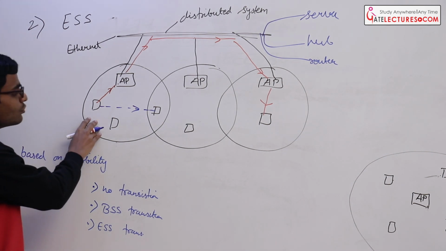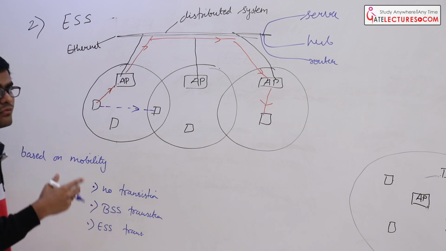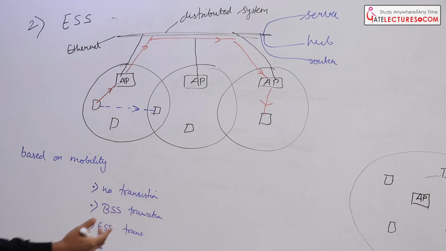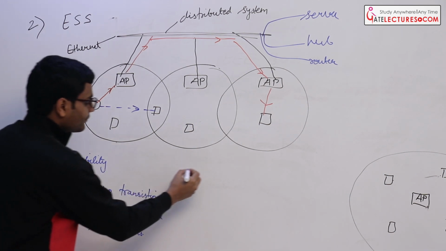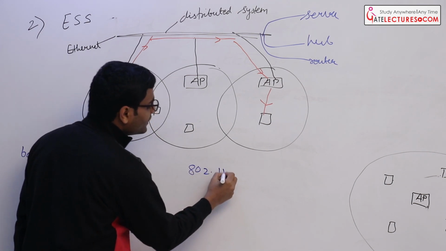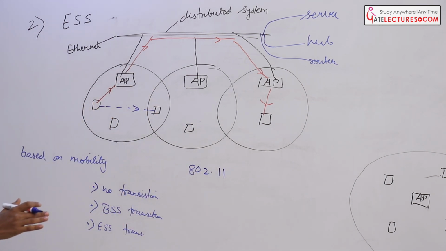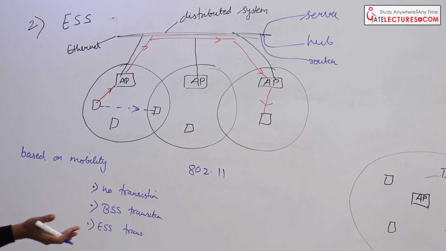But while a station moves from one BSS to another or from one ESS to another ESS, 802.11 doesn't guarantee that the connection will remain continued during the move. So during the move, the connection can be disconnected, but after the move, you will be connected again.